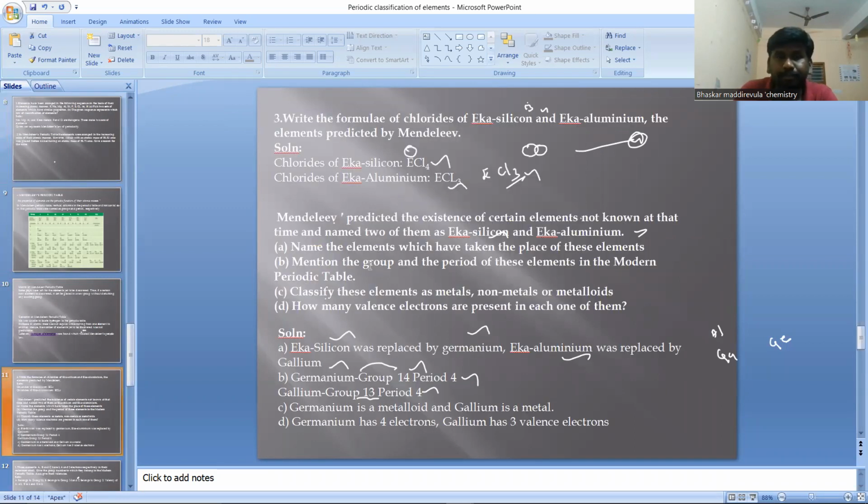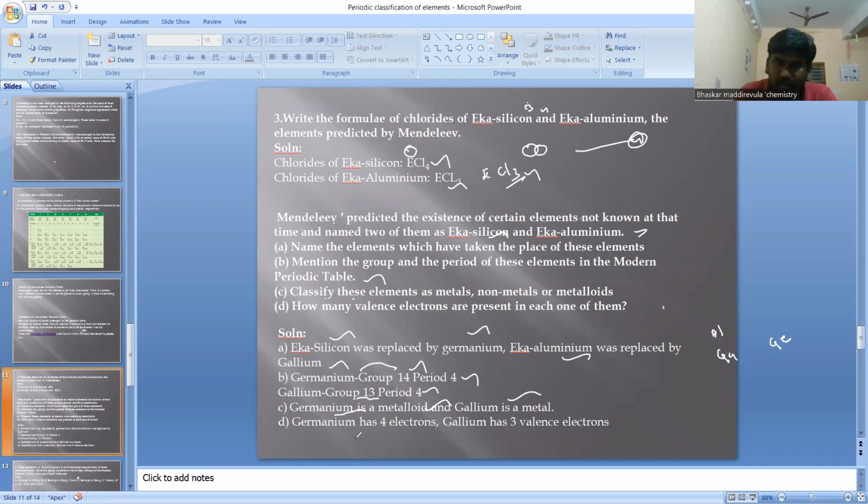Now, next question. Mention the group and period of these elements in the modern periodic table. Next, classify these elements as metals and non-metals. Already we know, germanium is a metalloid and gallium is a metal. And how many valence electrons are present in each of them?